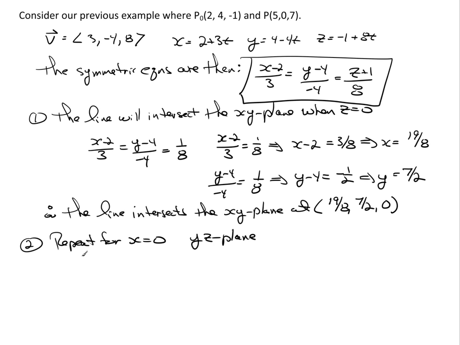When x equals 0, what I end up with is negative 2/3 equals y minus 4 over negative 4, which is equal to z plus 1 over 8. Now, doing the arithmetic and solving, I end up with the point 0, 20 over 3, and negative 19 over 3.